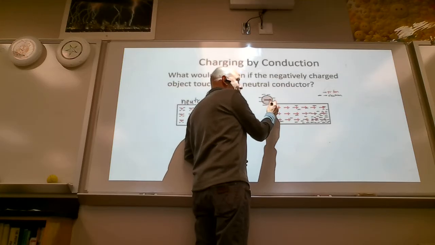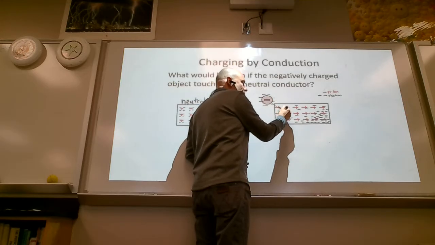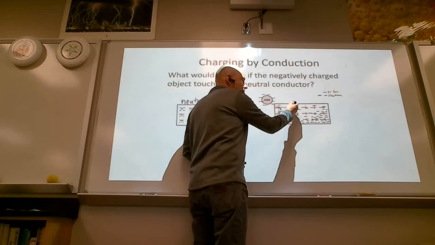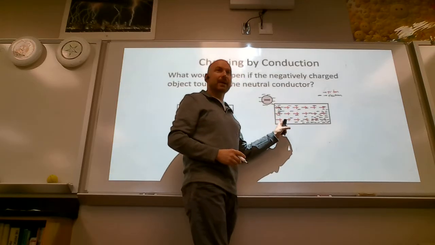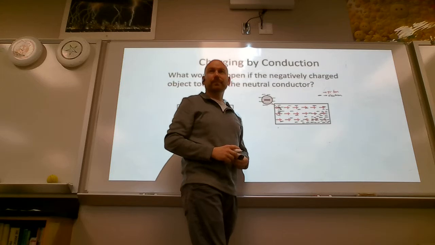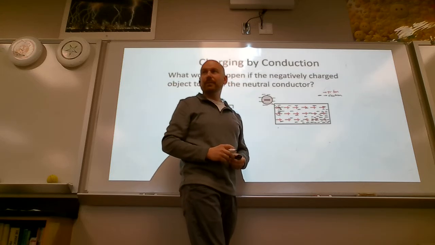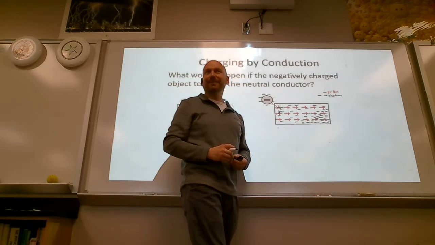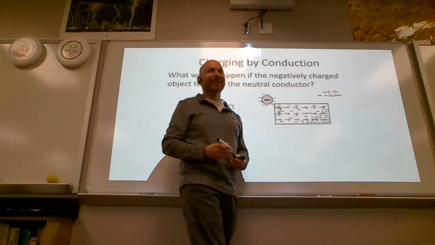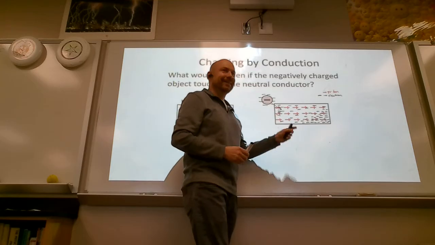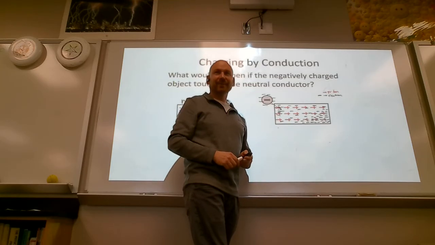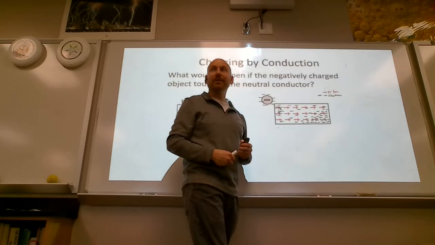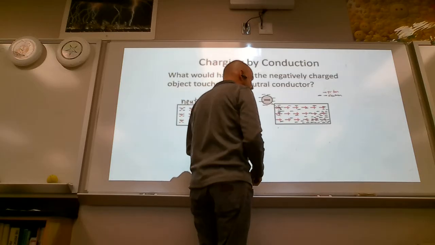So when they touch, electrons are able to transfer over, making this now what? Charged. Good. I heard a lot of thoughts. Negatively charged. Good with that? Okay, we just gained electrons. Charging by conduction, you touched. Okay.